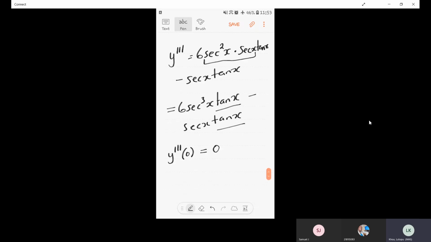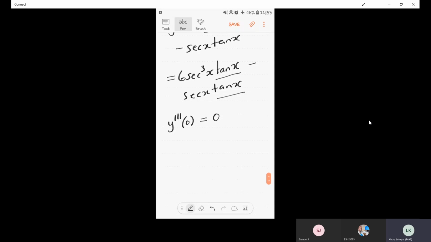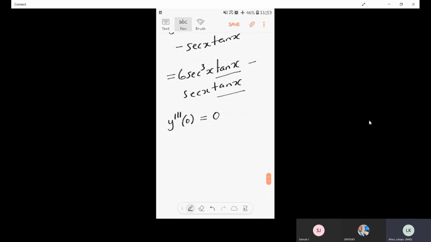So now to get the fourth derivative, I can't really change the sec cubed and the sec over there in terms of tan. So here I have no choice but to use the product rule.